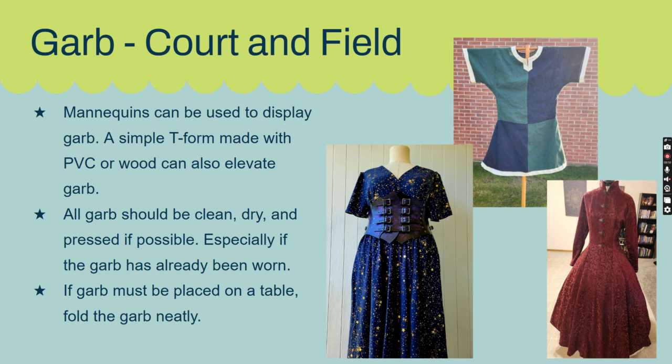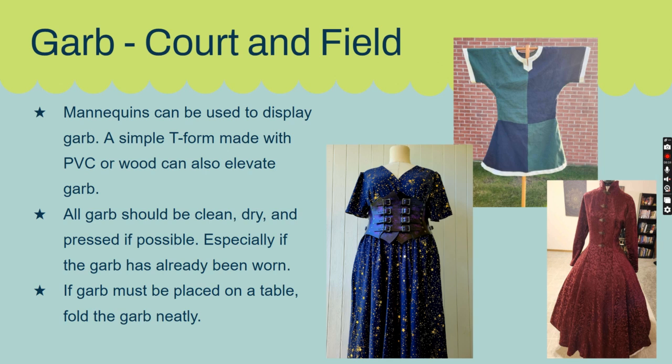The red dress specifically has a cage skirt and petticoats and a bunch of extra pieces underneath that it would be very difficult to really get the shape of the dress if I were to just put it on a table. I'm going to say put it on a table an awful lot because boy, that's how most entries get displayed.